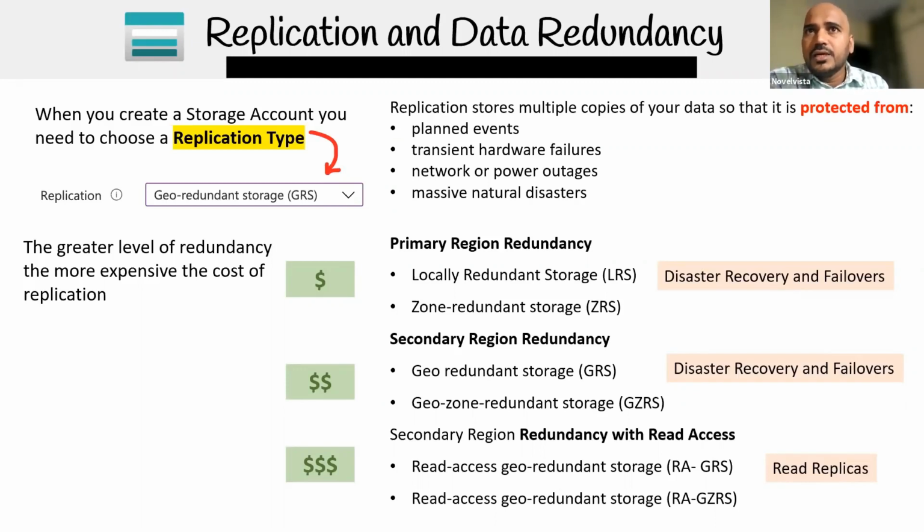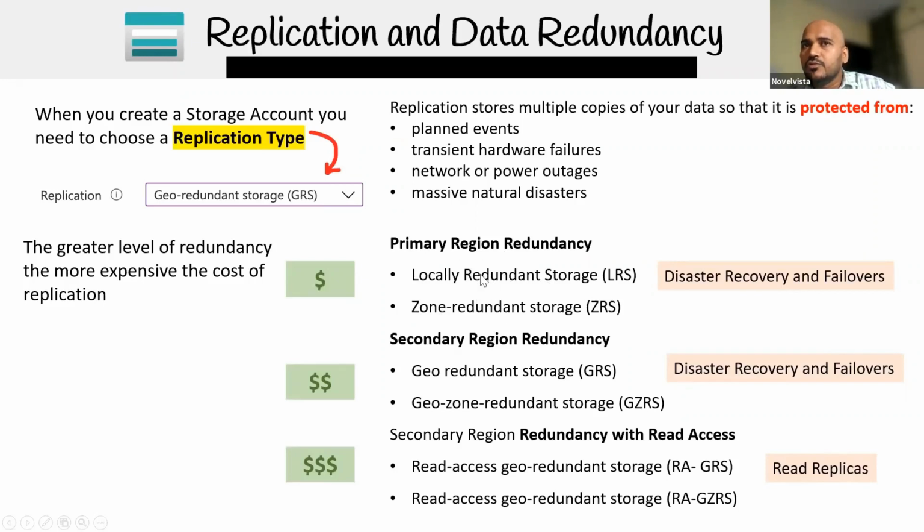So if you select LRS, which is locally redundant storage, or ZRS, what they will do, they will keep that data in the same data center. So if you are using East US as your location, in East US, the same data center where the storage account is created, they will keep 3 copies of that data.